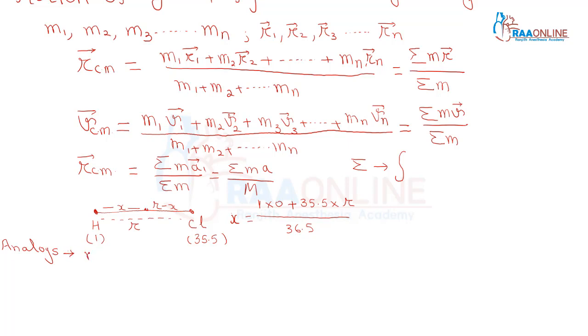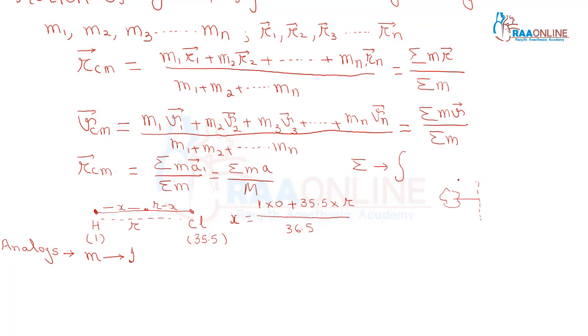The role of mass which you studied in translatory motion will be played in this chapter by moment of inertia. I will tell you what is moment of inertia. Moment of inertia is a tensor physical quantity. In rotational motion, suppose you have one object made up of 3 particles and its axis of rotation.